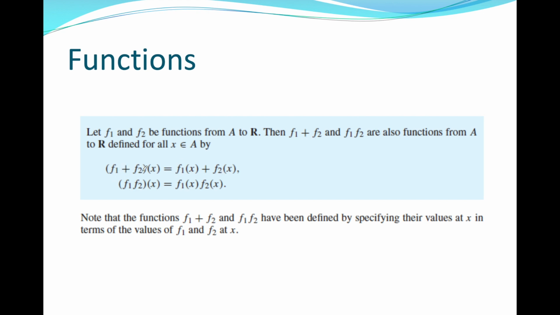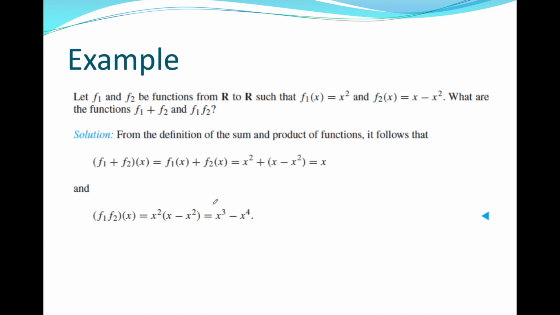So (f1 + f2)(x) is equal to f1(x) plus f2(x), and for multiplication, (f1 f2)(x) is f1(x) multiplied by f2(x). Now the example. Let f1 and f2 be functions from R to R such that f1(x) is equal to x squared and f2(x) is x minus x squared. What are the functions f1 plus f2 and f1 multiplied by f2?